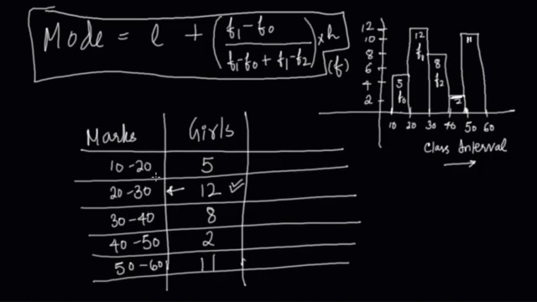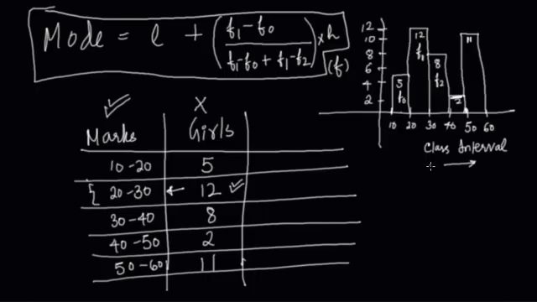Now the quick catch here is that this is a class interval. The class interval is between 20 to 30, and when we say class interval we need to understand certain modalities. We are trying to find the mode, and the mode always lies here and not in the frequency.